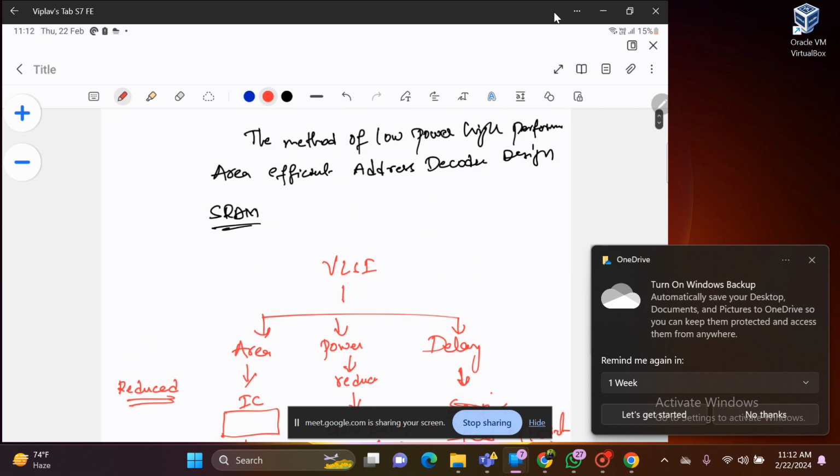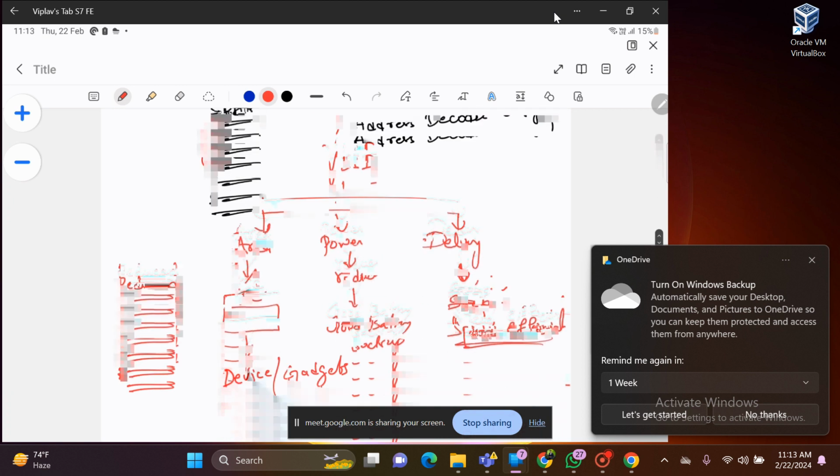Now in our project, the title says the method of low power, high performance. Low power means low power consumption. High performance is about speed, and then area efficient.